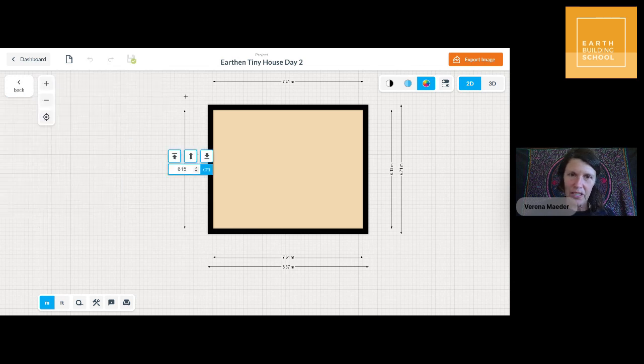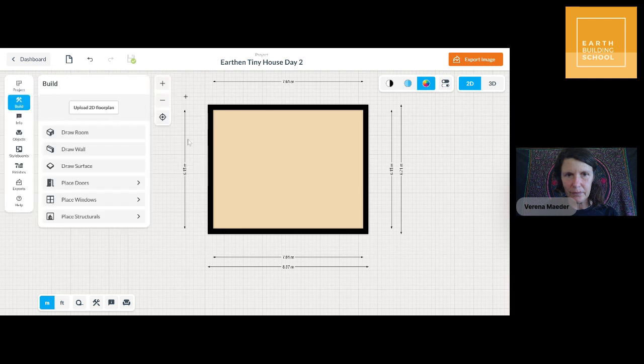And then you can adjust the measurements here. So I want to show you another size of building that works within this 10 square meter floor area that works, being 300 centimeters, so 3 meters. You have to click enter.